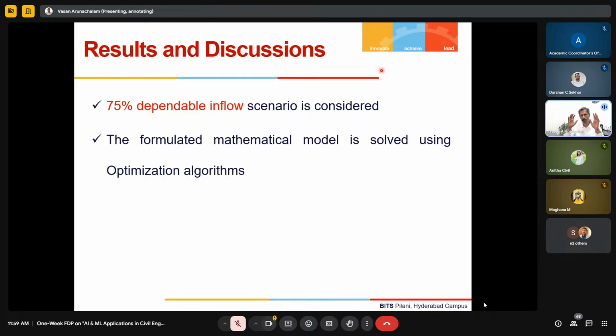So that's how we always do it. This is the part which I'm going to connect with the subsequent part of the talk, where I took this particular input more precisely using artificial intelligence and machine learning methods, right? That's also the next extended research which I'm going to show. So here I use a 75% dependable inflow scenario, which is usually taken for planning problems for Indian conditions.